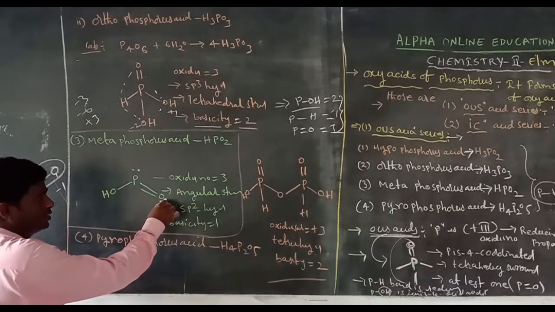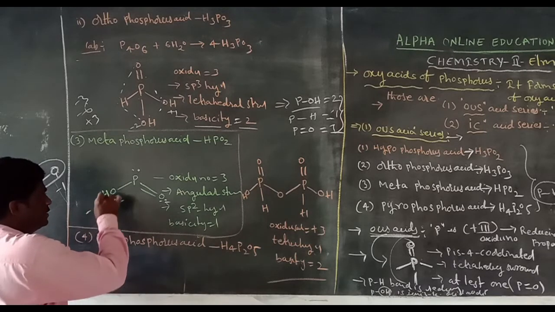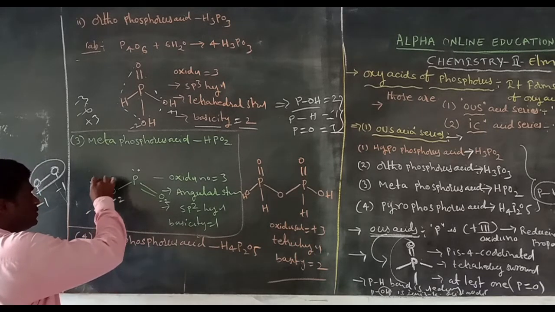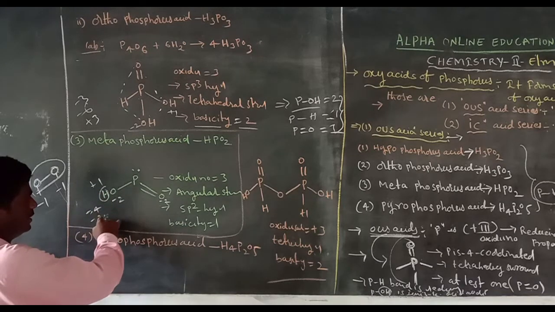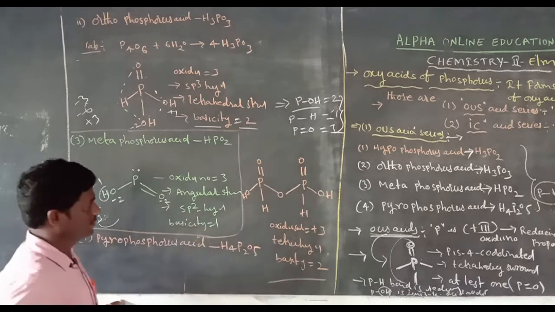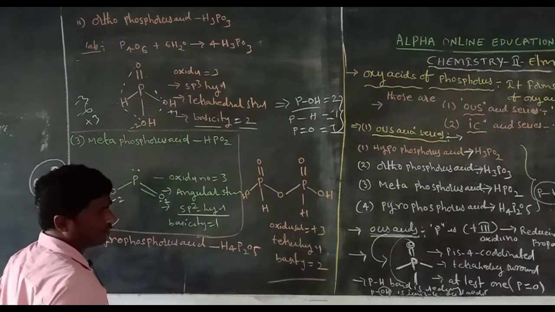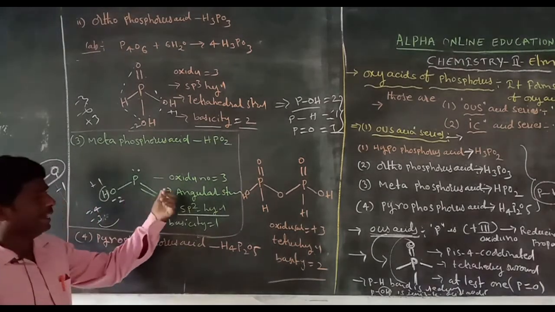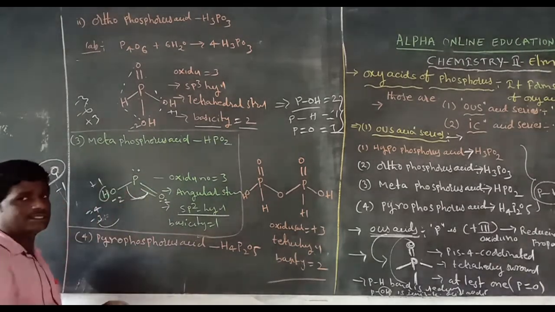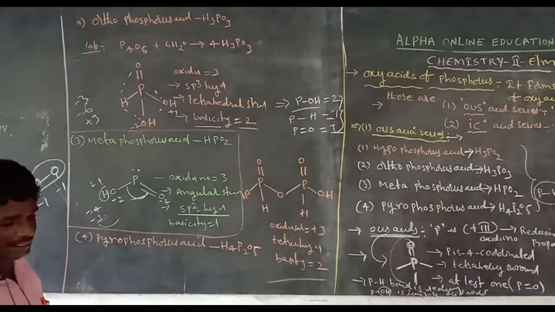The oxygens are -2, total -4, and hydrogen +1. So x is +3 oxidation number. The central atom undergoes sp2 hybridization to form 3 sp2 hybrid orbitals and has an angular structure of metaphosphorus acid.